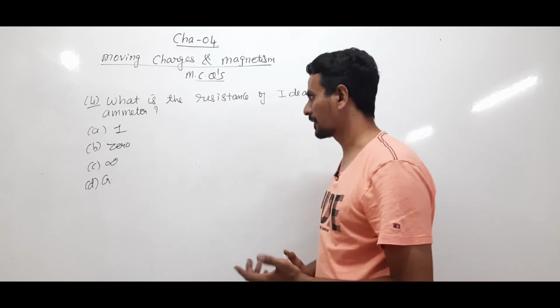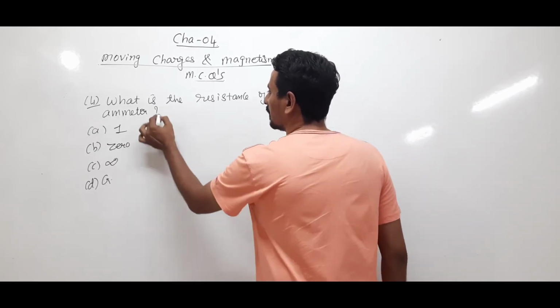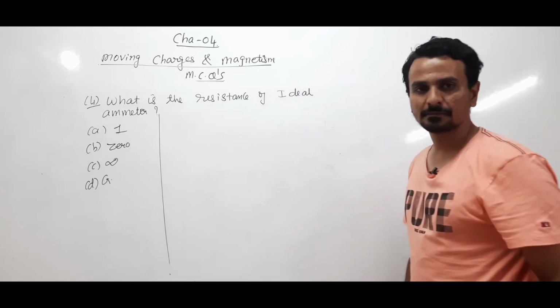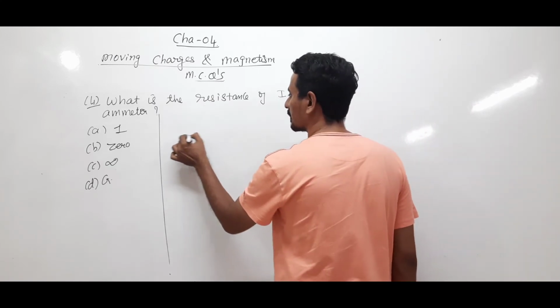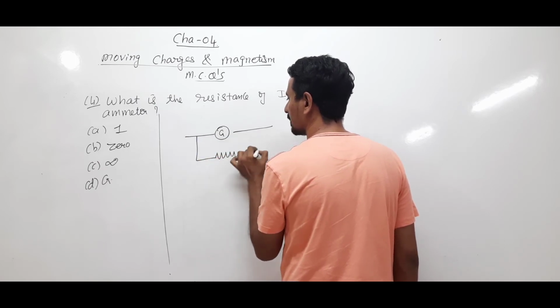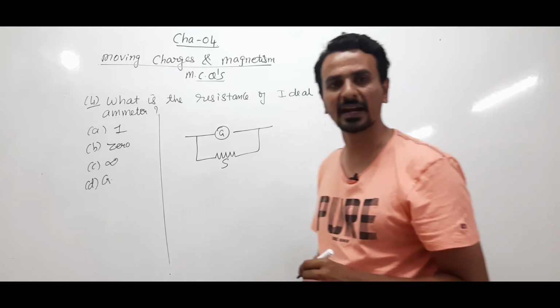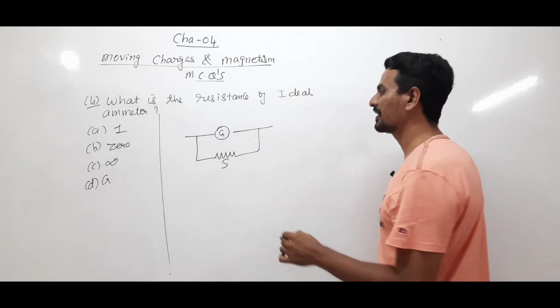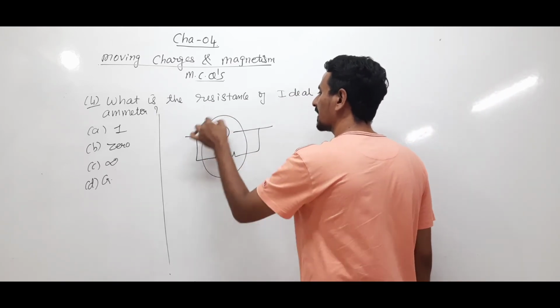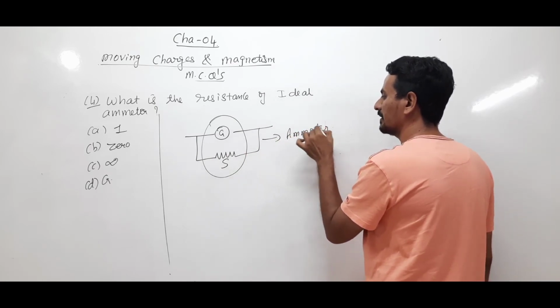Okay, fourth one. What is the resistance of an ideal ammeter? Well, what do you mean by ammeter? A combination of galvanometer and shunt. A low value resistance connected in parallel to a galvanometer is known as a shunt. So the combination of galvanometer and shunt together is known as an ammeter, right?